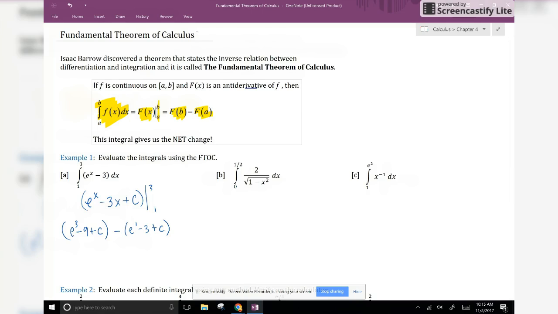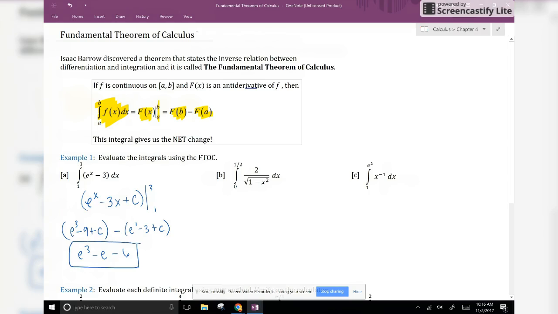Distribute that negative all the way through and combine like terms. I will have e cubed, minus e to the first, and then a negative 9 minus a negative 3, so negative 9 plus 3 is minus 6, and then the c's cancel, and that's the whole reason you don't have to put the plus c on these definite integrals. And there's my answer. There's an exact answer for the area under the curve.